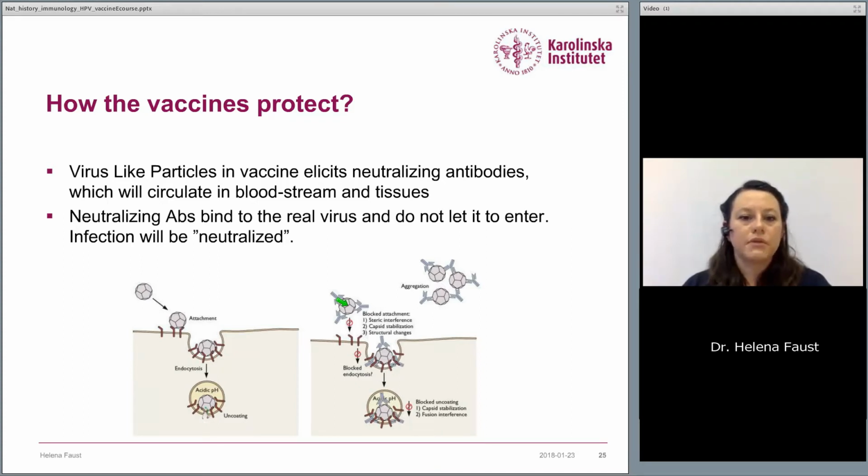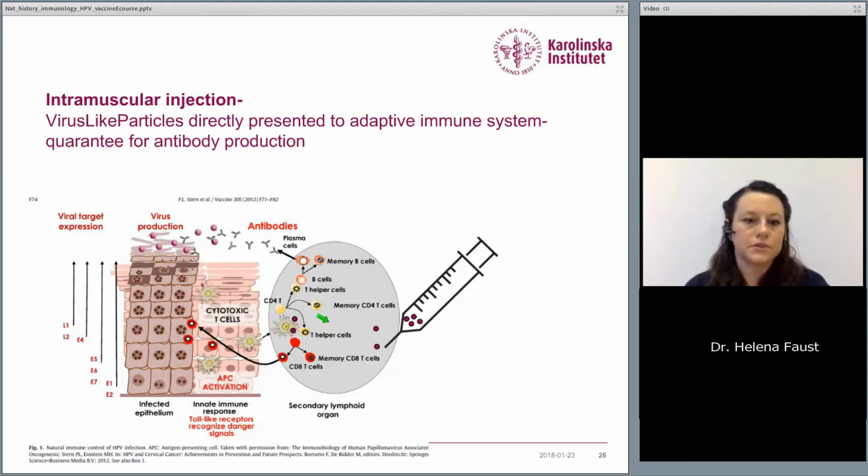They bind to the real virus when it appears and do not let it enter through endocytosis, or they prevent uncoating from endosomes. Also, it might be that they just promote aggregation of the virus. In the end, the virus is neutralized by neutralizing antibodies.